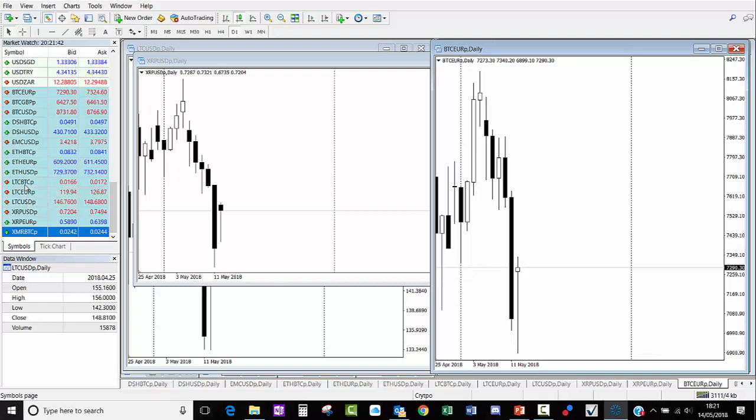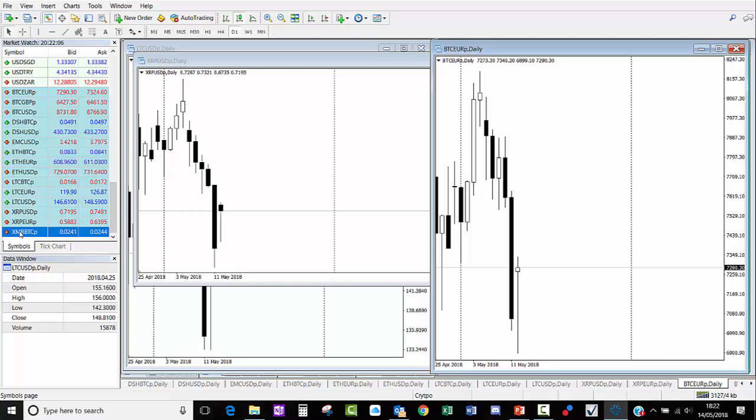We'll also have Litecoin against Bitcoin, the Euro, and the US dollar. We also have Ripple against the US dollar and the Euro, and then Monero against Bitcoin. So there's a good selection there of the major Bitcoin and altcoins, and we can have a look at how we can utilize them and try and trade them.